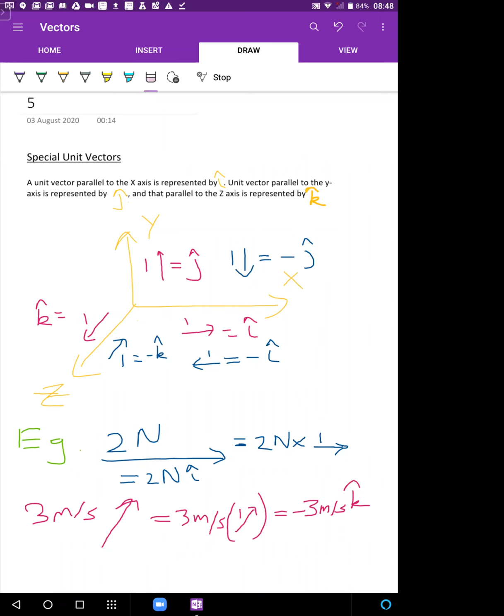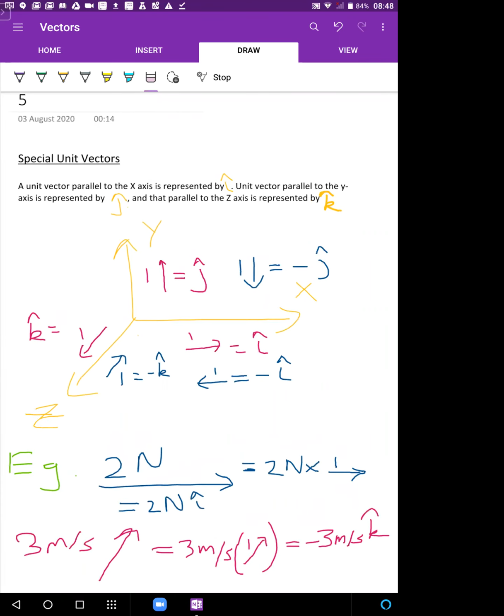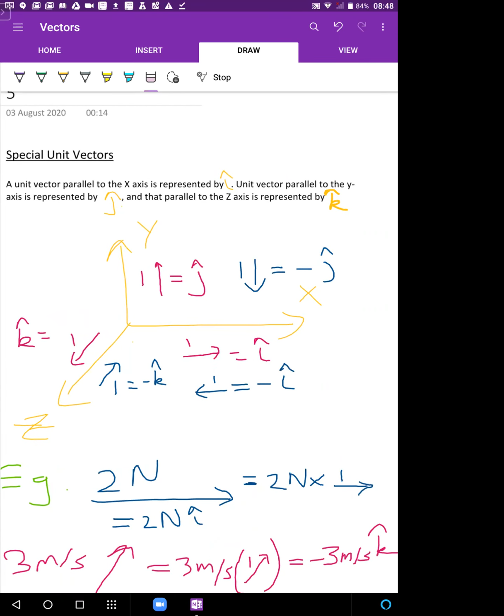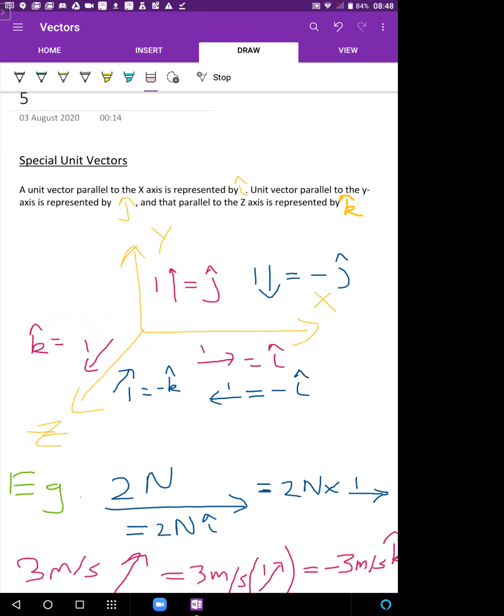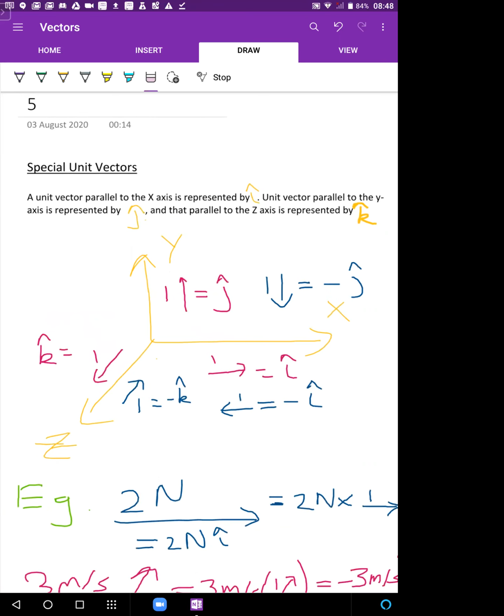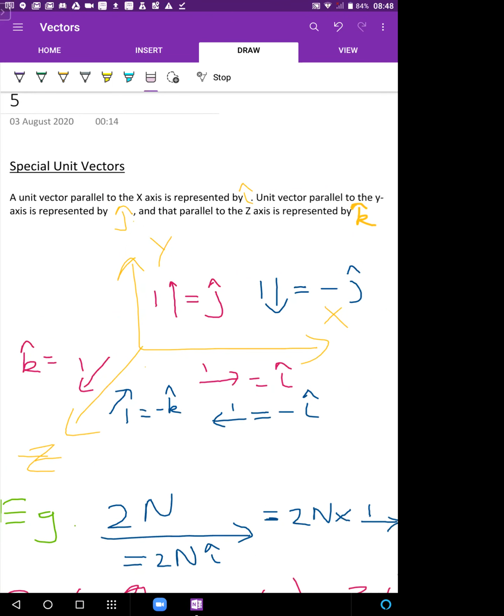Now, there are some special unit vectors which are reserved with special names. So what are those special unit vectors? A unit vector parallel to the x-axis is always represented by i cap. Watch out for this: the way you write i cap is, because i already has a dot, we get rid of that dot and write the cap in place of the dot.